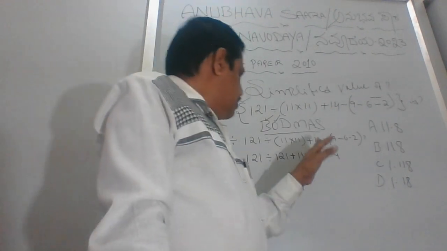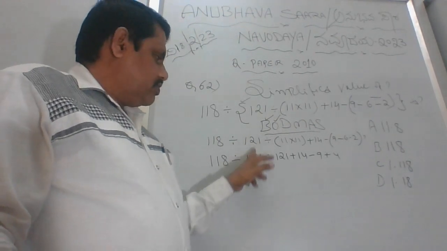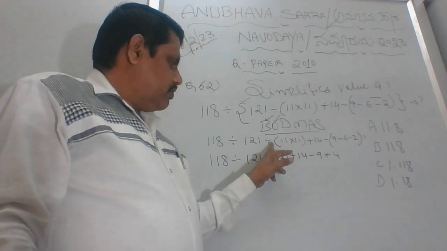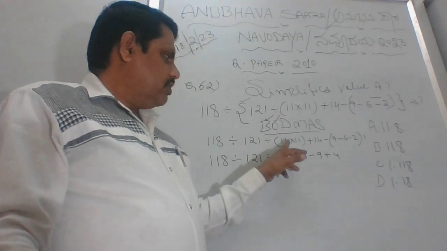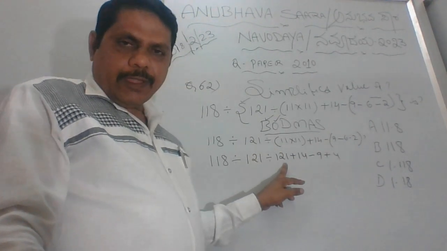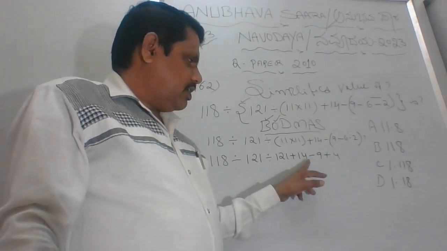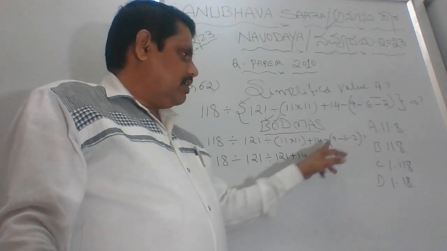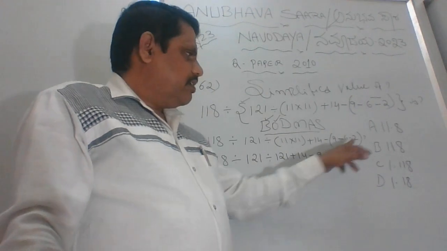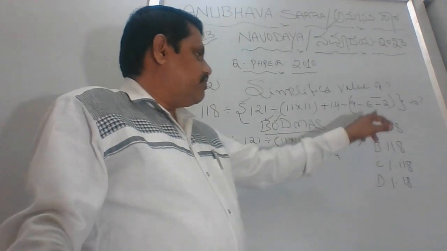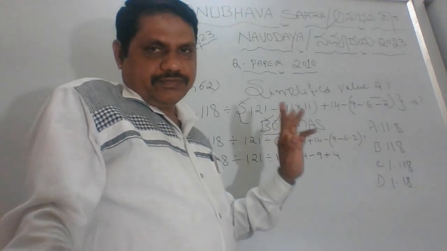I'll just explain once again. 118 we have taken, 121 remains the same, divided by, the operator continues, 11 into 11 is 121. Plus I have mentioned again, 14 I kept the same way, plus into minus 9 is minus 9. 6 minus 2 is mentioned here as 4, that minus into minus is plus, so it is 4.